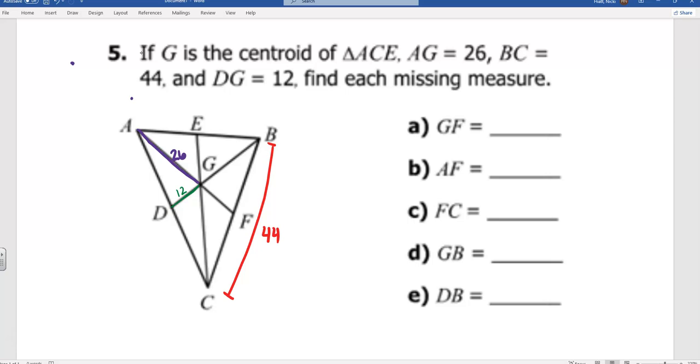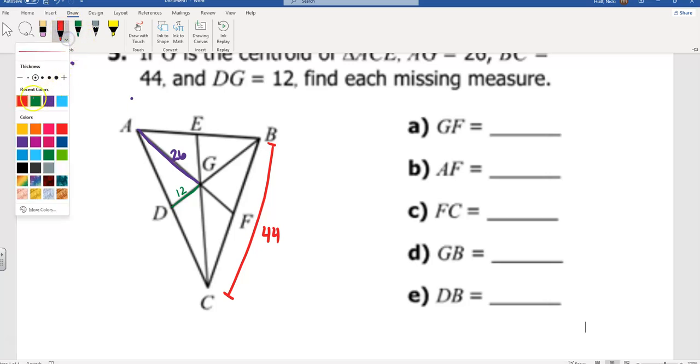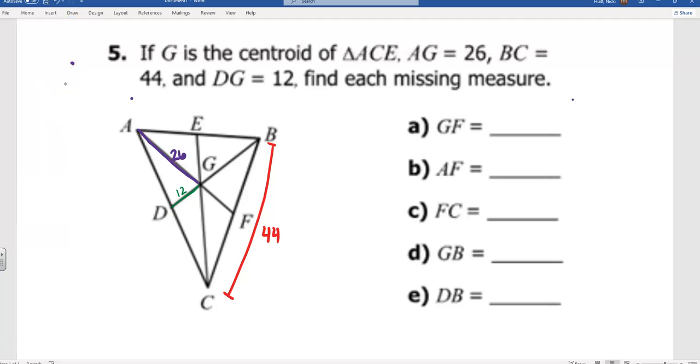Okay, so they're going to ask us for GF first. That is this piece right here. What is the length of GF going to be? Okay, Hannah is correct.